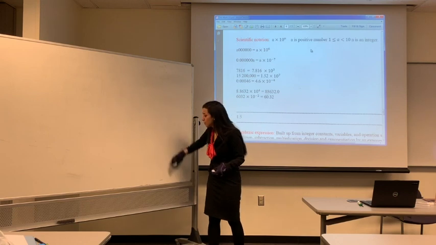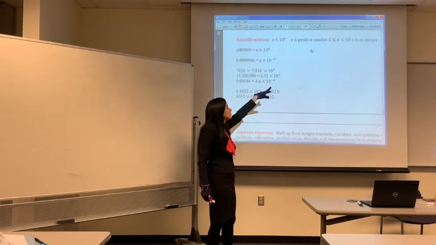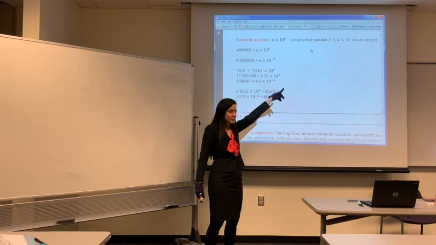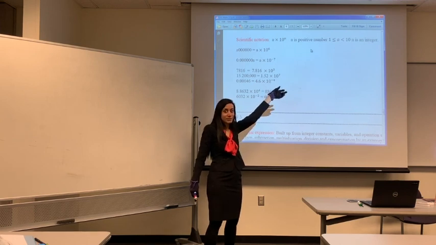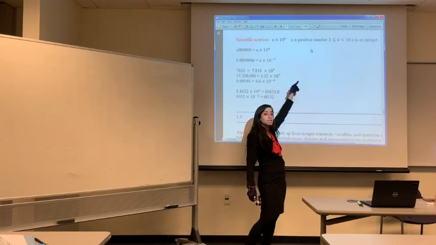A is any number from 1 to 9. 1 to 10 actually, 9, because look, it says less than 10, correct? It doesn't say equal 10. Look at the boundary. If it was equal 10, it means 10 is included. If there is an equal sign, this side means 1 is included.